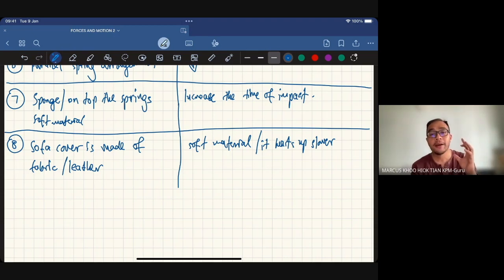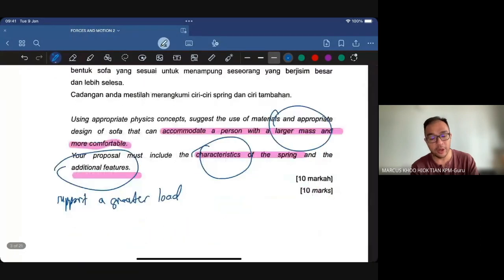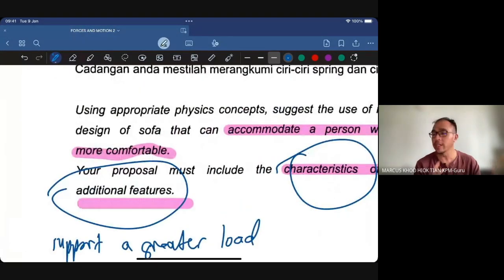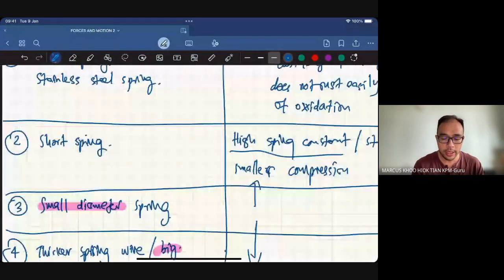But as opposed to a steel or metal cover, leather or fabric generally heats up slower, so it takes a longer time, so you stay cool longer. These are the possible reasons for this, as long as you don't put the words in the question, "more comfortable," in the answer. You cannot say that because it's already in the question. So these are the possible answers for this.